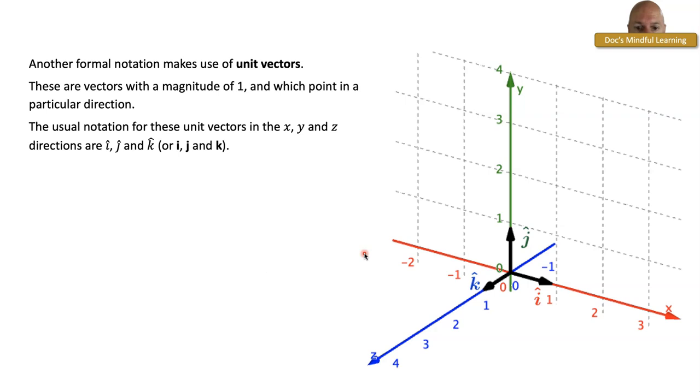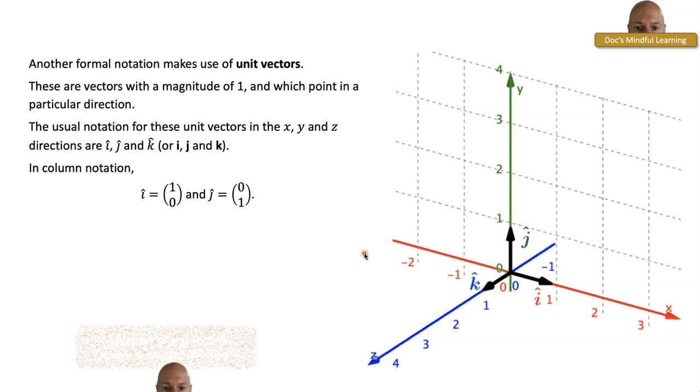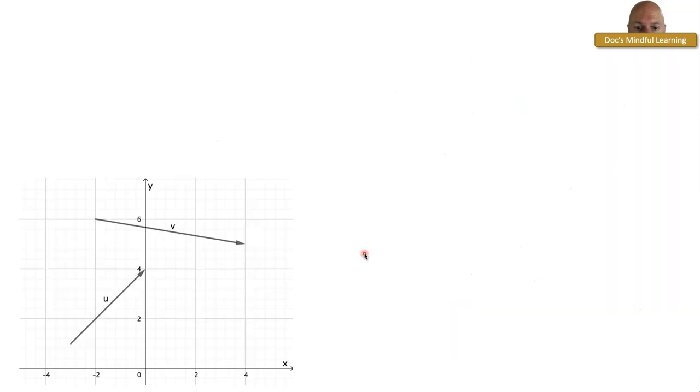To get the actual unit vector, all that we do is take the vector and divide it by its magnitude. So we can see then that in column notation, the unit vector for the x direction is i, which is 1, 0, j is 0, 1, and the purpose of unit vectors is simply to indicate direction.